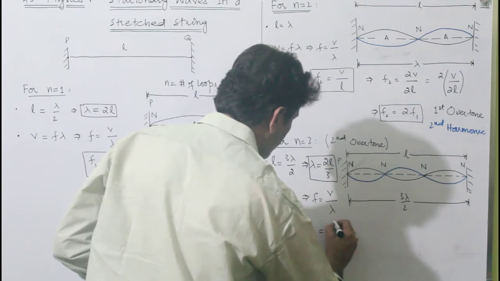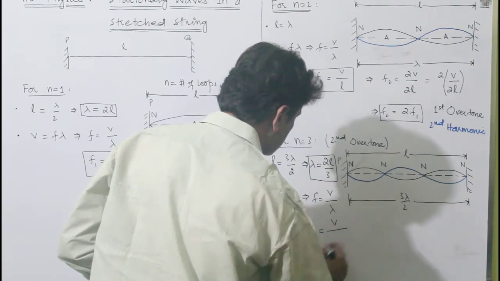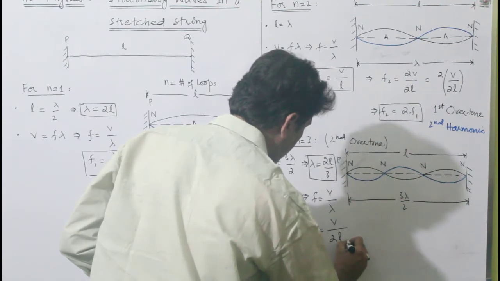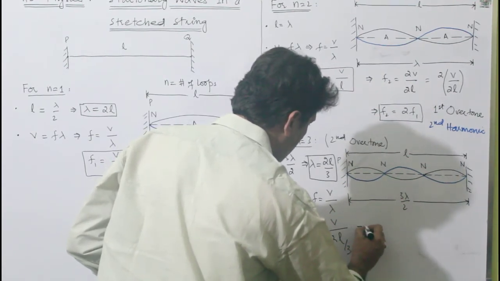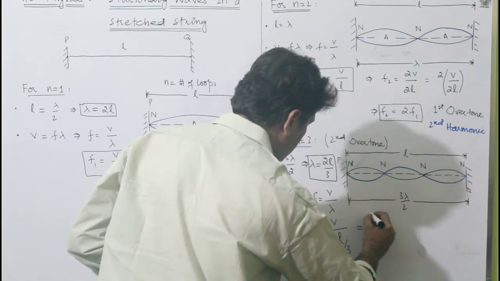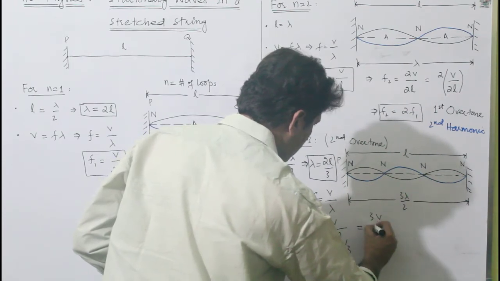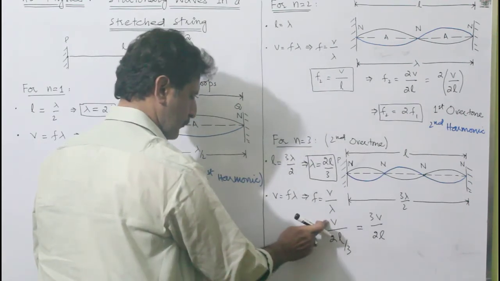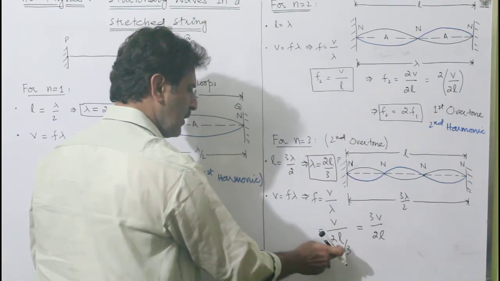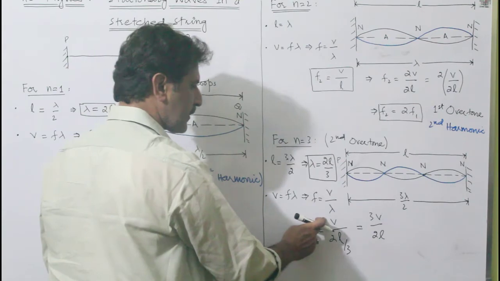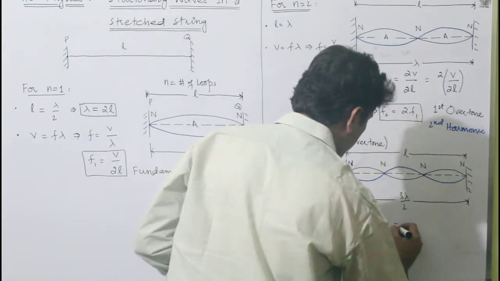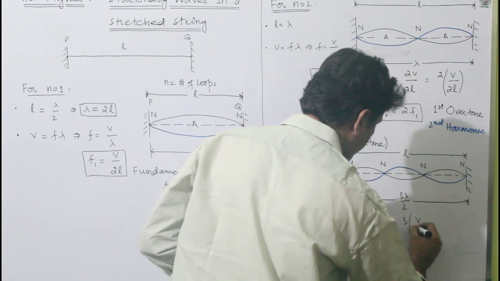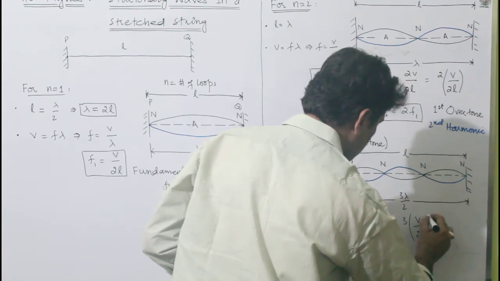And now we can substitute the value of lambda in terms of length of the string, that is 2L divided by 3. After simplification, we can write here 3v divided by 2L, because this 3 will multiply with the v when we shift this 3 into the numerator. And now we can further simplify this expression like 3 times v divided by 2L.